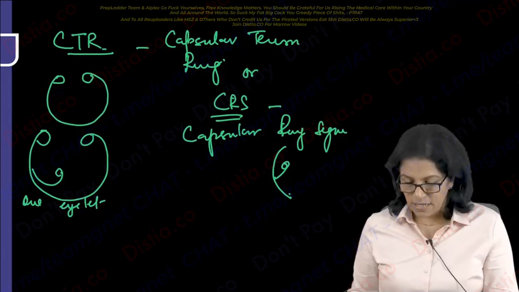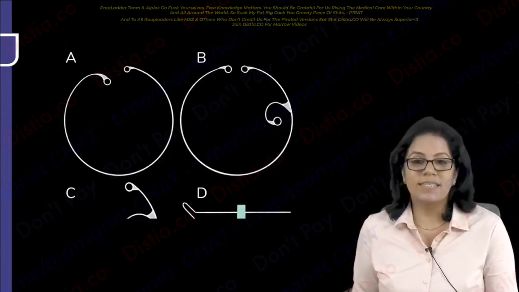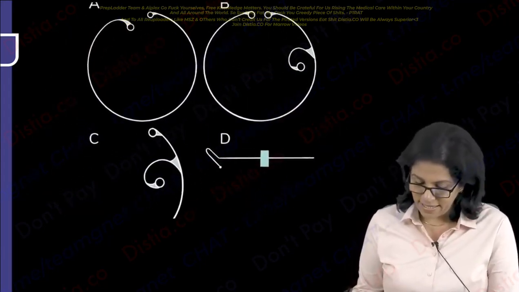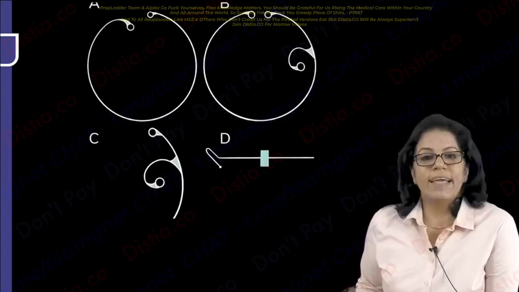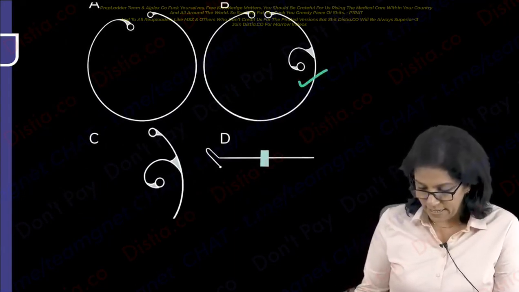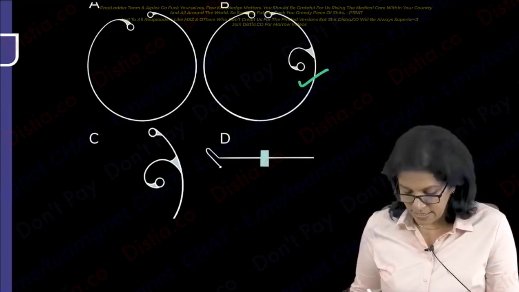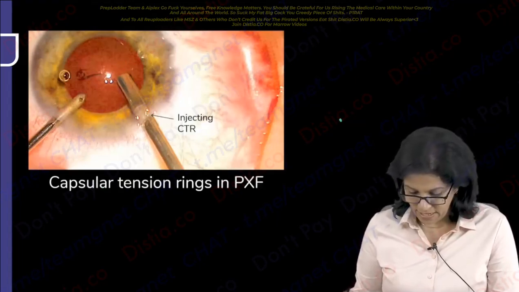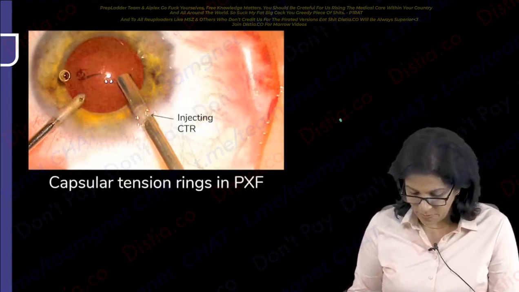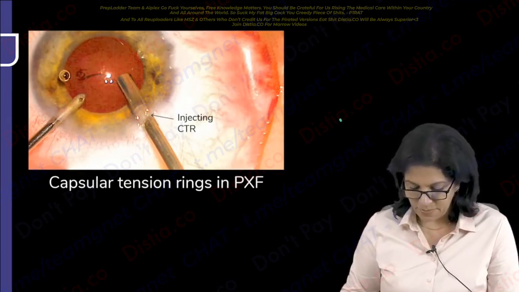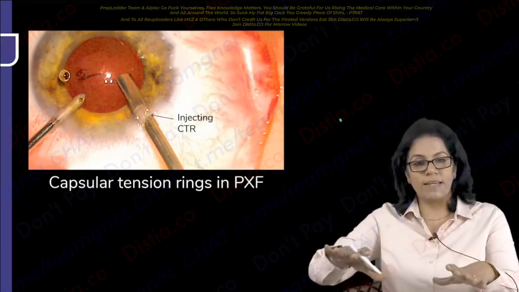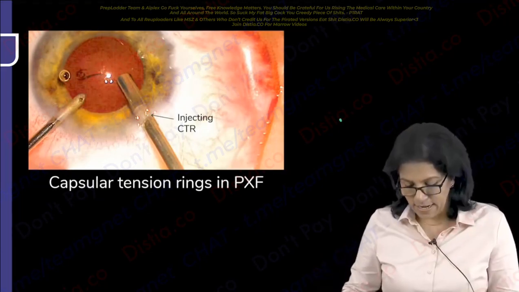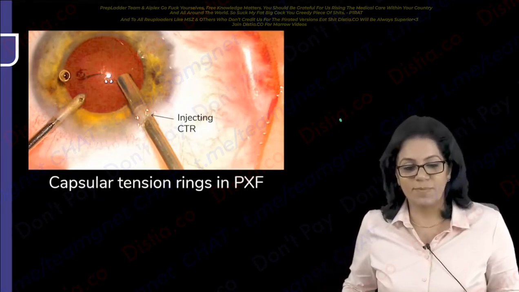So let's have a look. This is your capsular tension ring. Can you see this? This is with an eyelet. One eyelet is there. This is a segment, the segment with an eyelet. And look at this one. This is how we inject the capsular tension ring, to support the bag mainly, not expand exactly.